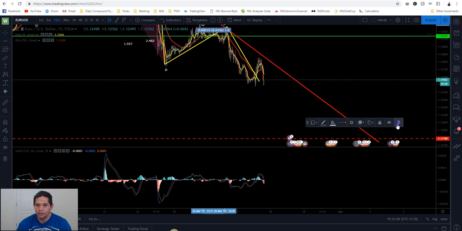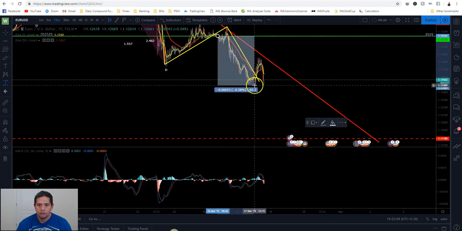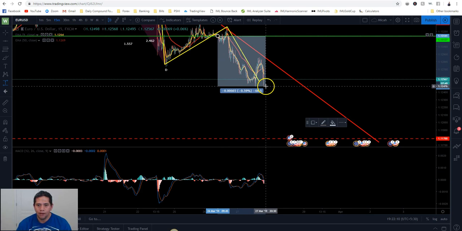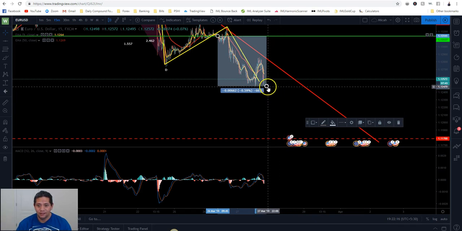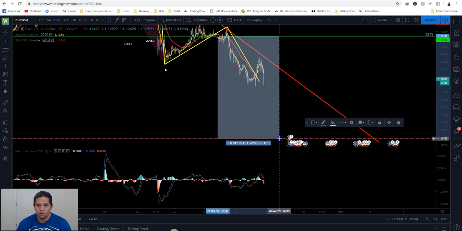So from entry, that would have been your entry. Right now it's sitting at about 65, 66 pips in profit. Potential to go about 135.